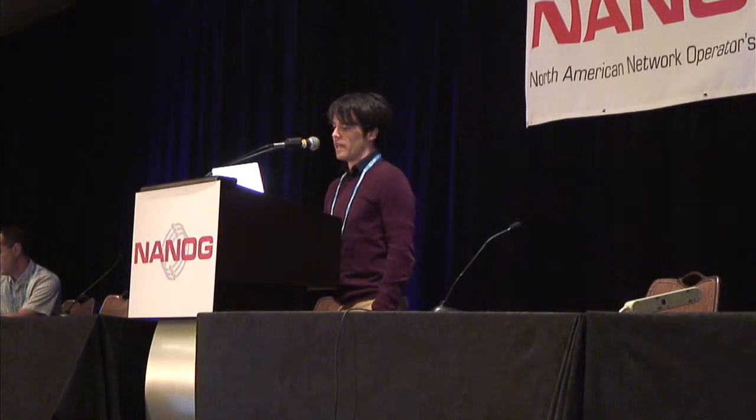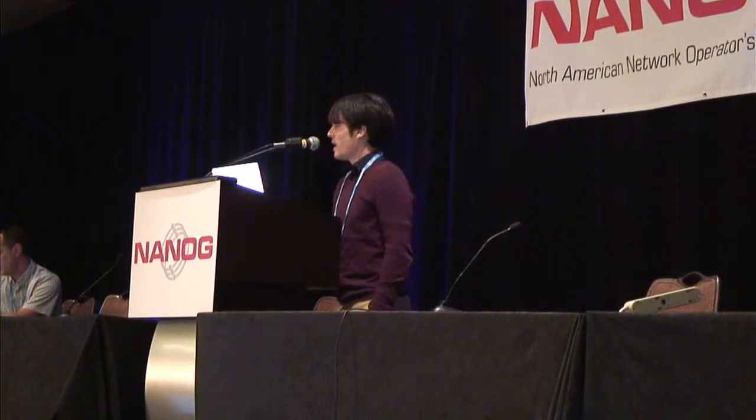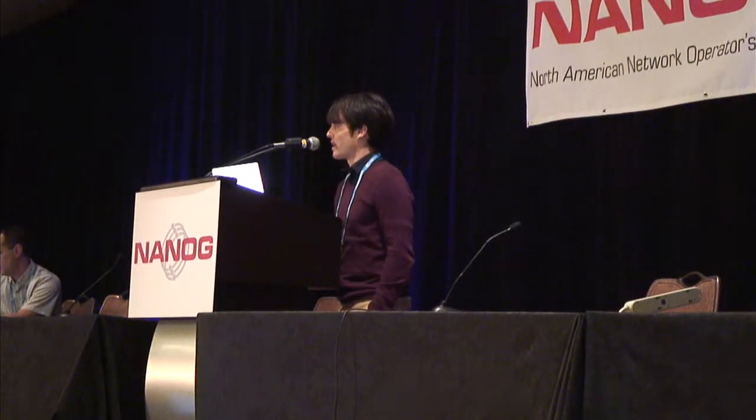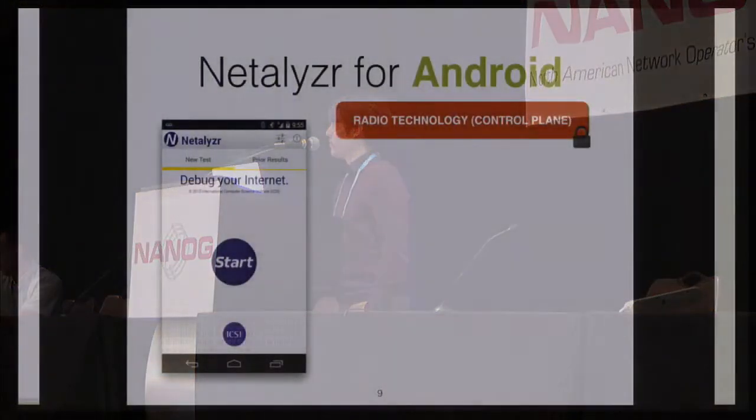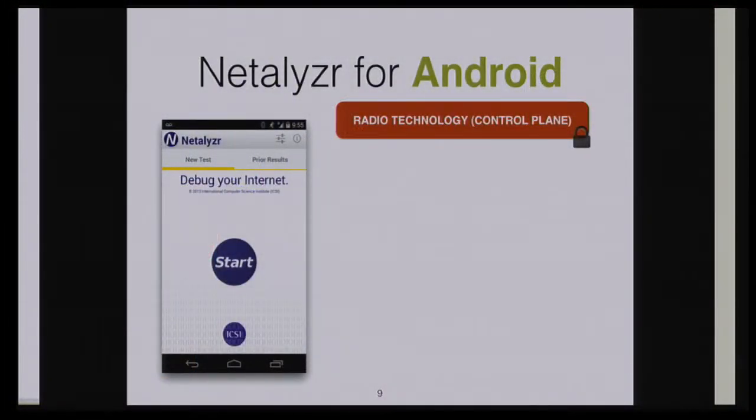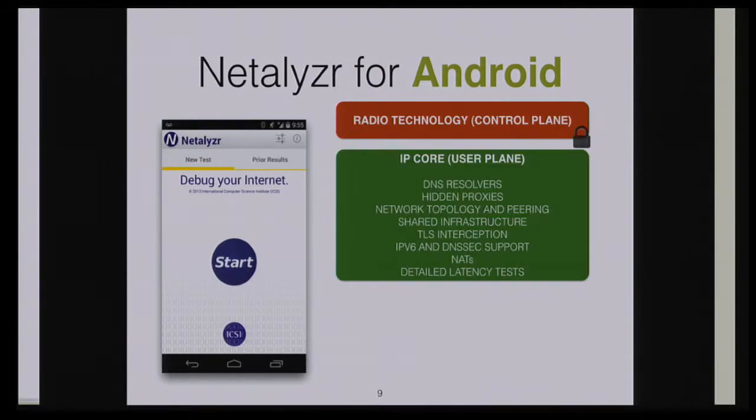So the tool executes around 120 different tests. And the tests begin to be executed whenever the users click on the start button. Unfortunately, we don't have access to the radio information, as the control plane is completely hidden from the firmware to the operating system. In any case, we have a very comprehensive list of tests that are trying to benchmark and characterize the IP core.